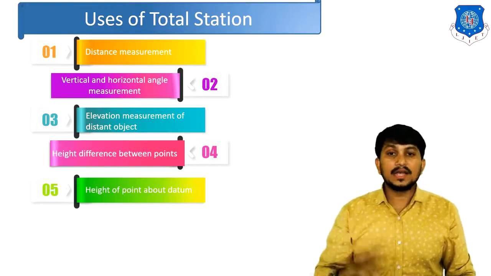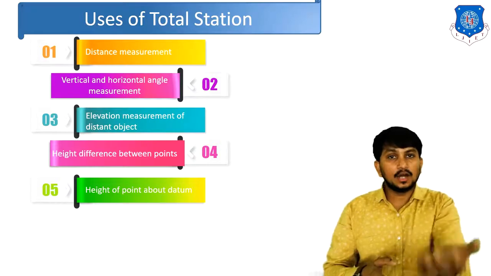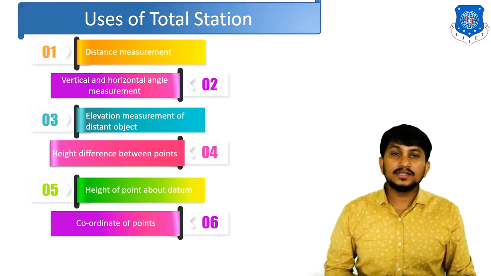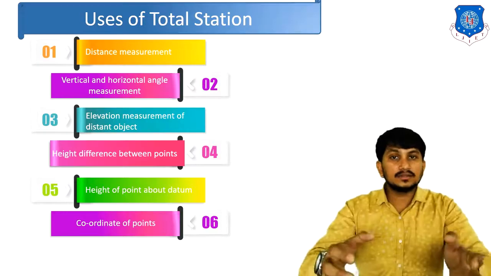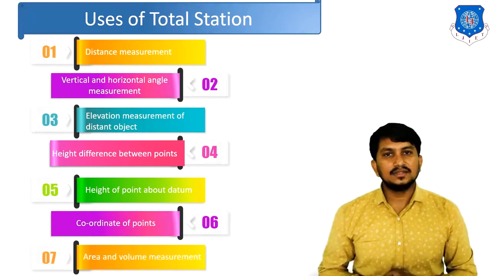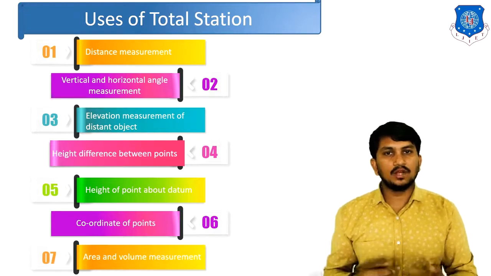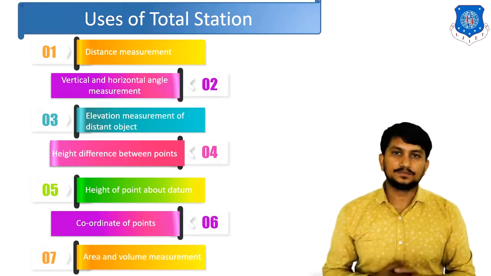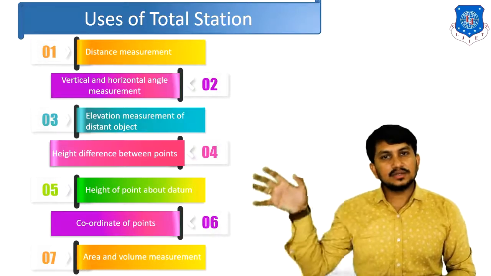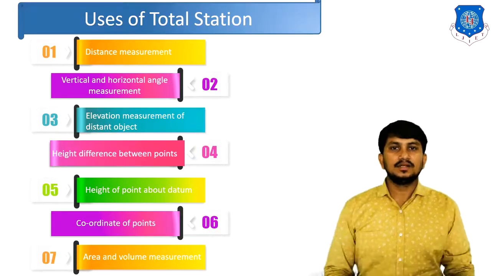It is used to find the coordinates of points, and lastly to find the area and volume of a land or plot. These are the various uses of the total station.